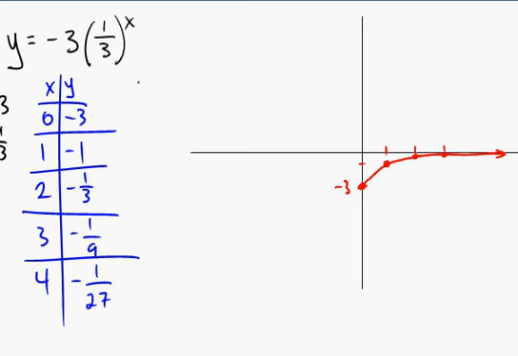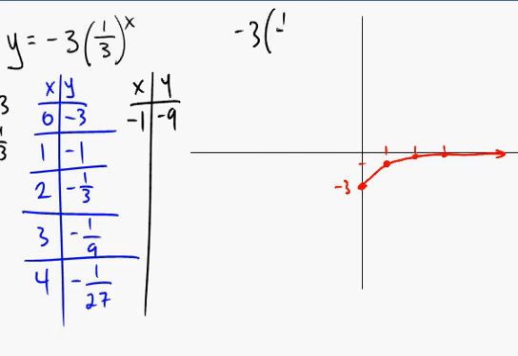We can go the other direction. Negative 1. What's that? Anybody know what that would be? What's x is negative 1, y would be negative 9, yeah. Negative 3 times 1/3 to the negative 1, that's this.